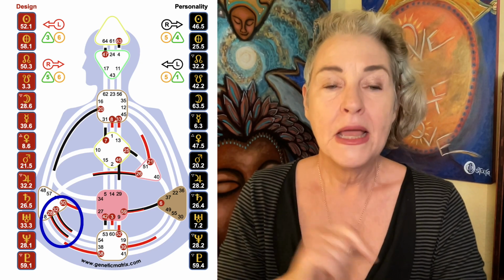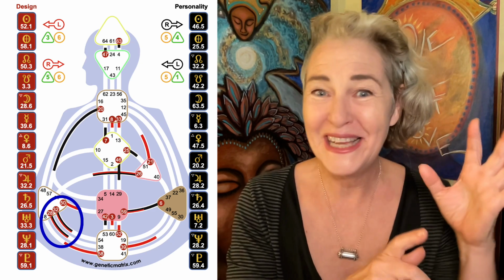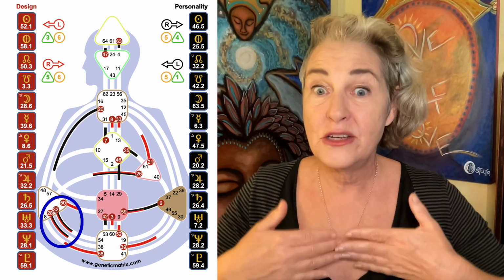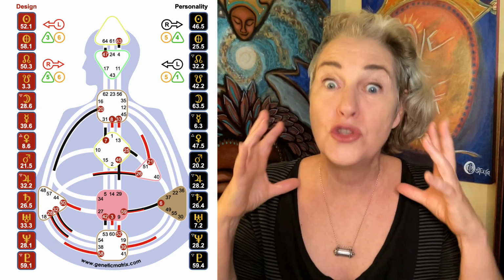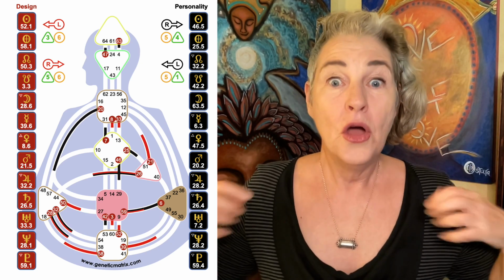So check that out. But if you take a look at this, you can see that there's a lot of places where she can have an electromagnetic with somebody because she has so many hanging gates. And what this can mean for her is that she can get really stimulated and really activated when she's with other people, especially with a group.